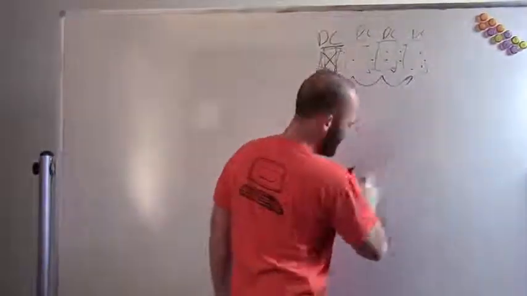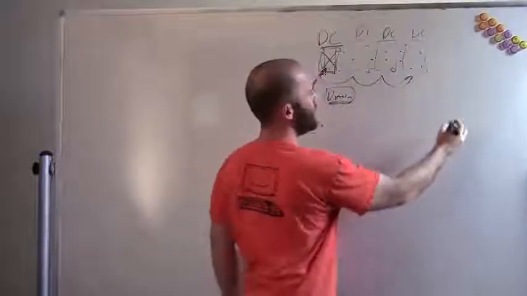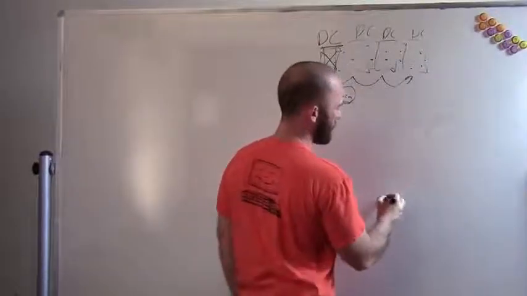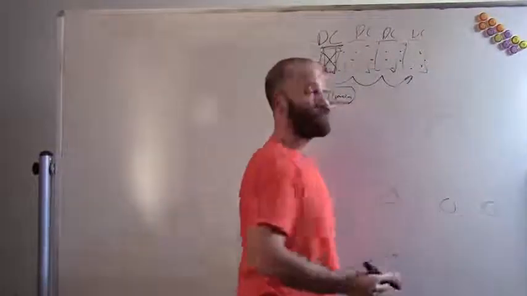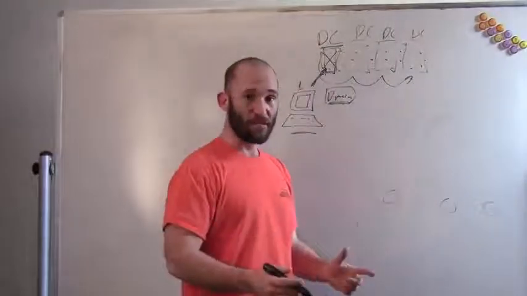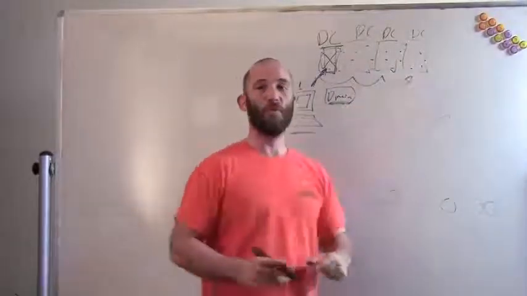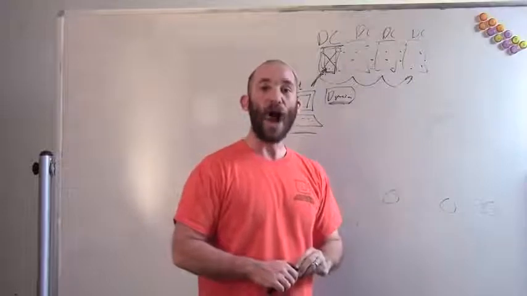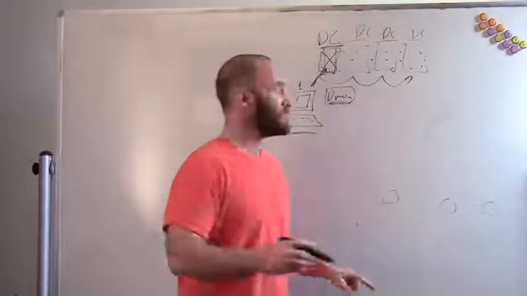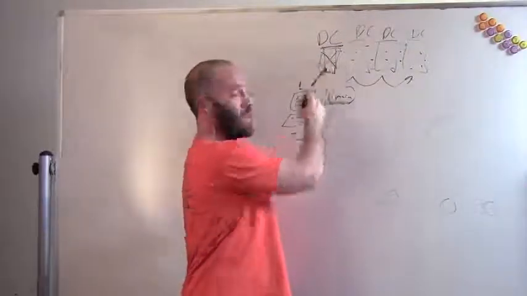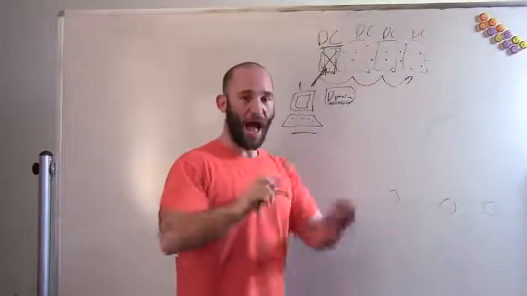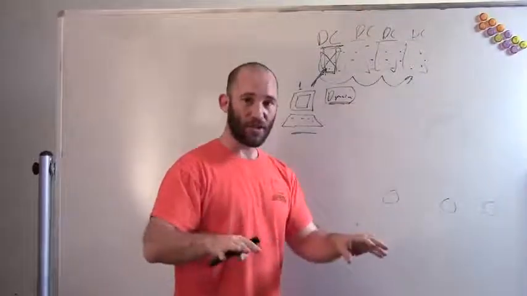Now, some of the other things you have to think about is, let's say you have the headquarters office here and you have these other remote offices. Generally, the domain controllers will be what are called read-write. What read-write means is if I log in to a domain controller, I put in my username and password.